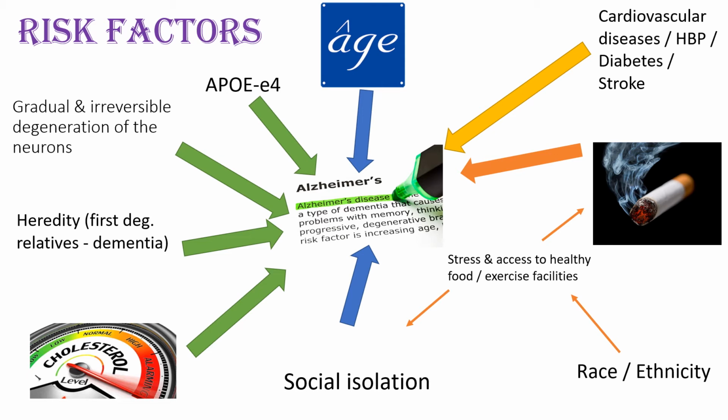Research has also found that the risk of Alzheimer's disease increases with the person's age. And this is also shown in the previous slide, where for older adults, the prevalence of this disease increased as one progressed from one aging phase to another.